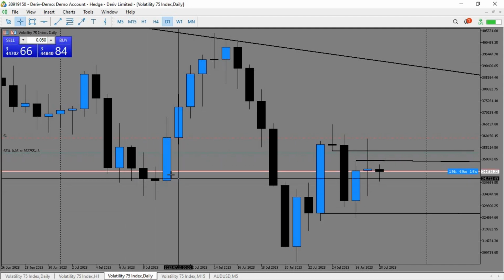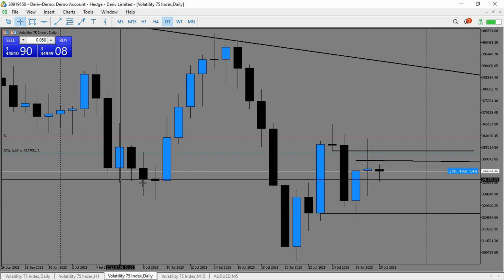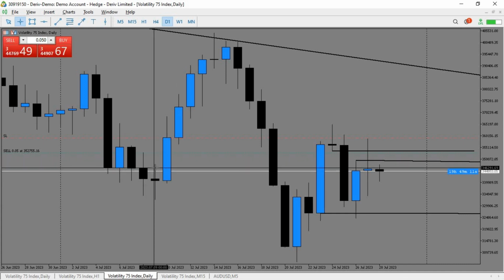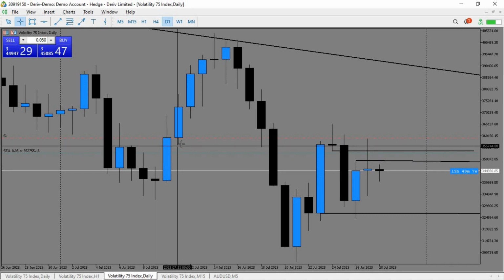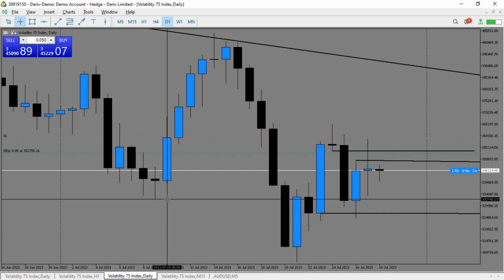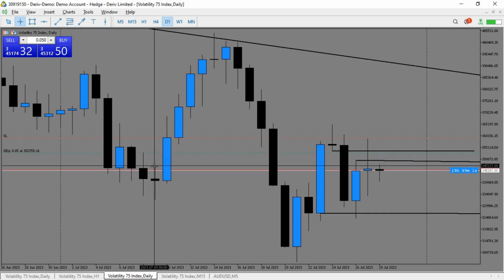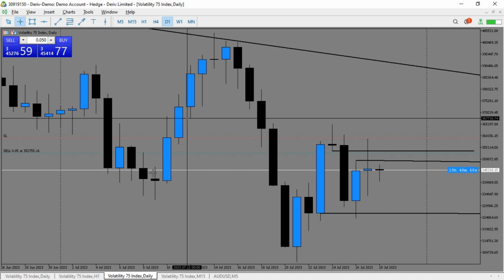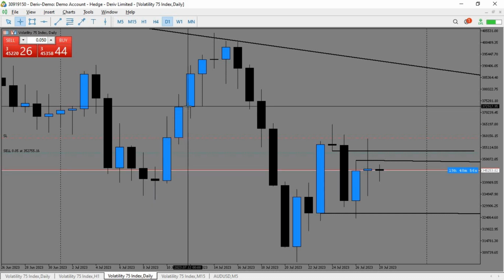Space is an inefficiency. Now, this is where we see one. Look at the difference between this wick and this other wick. So you have a gap here. That's an inefficiency. It means at one point in time, like here, price was only delivering buy side to the market. So the sellers did not have any opportunity to enter the market.